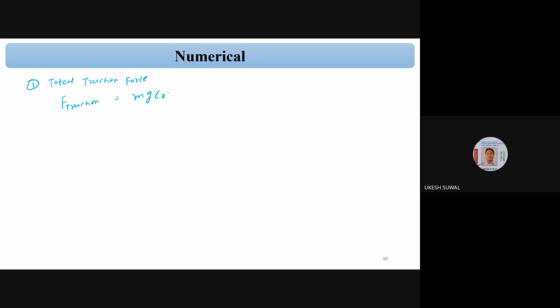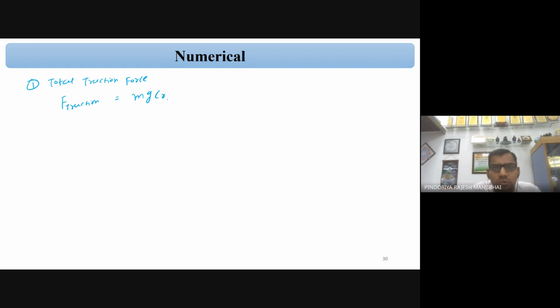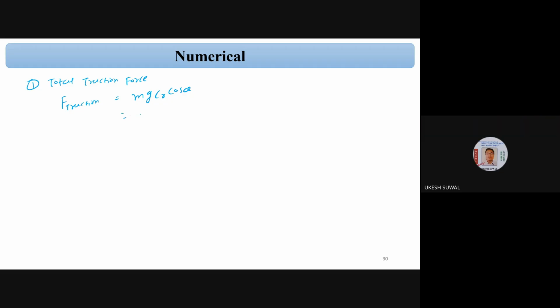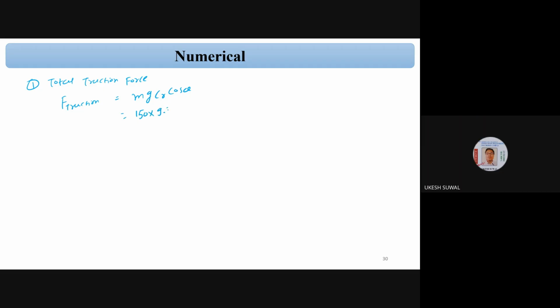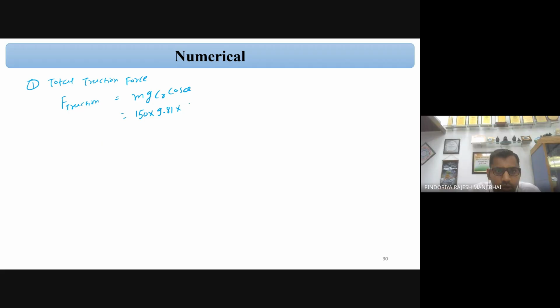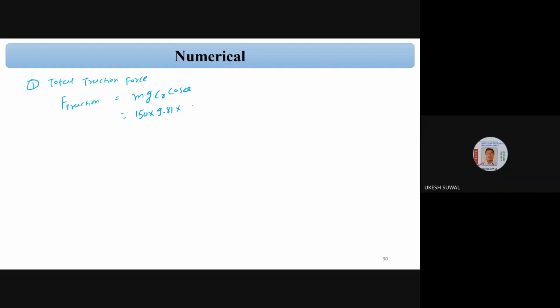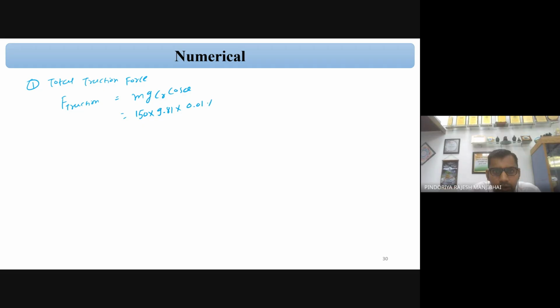Just the rolling, mgCr cos theta, where cos theta is equal to 1, correct? Yes, sir. So m is 150, g is 9.81, Cr is 0.01, into 1, so cos theta is 1.